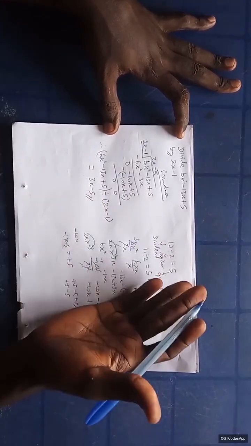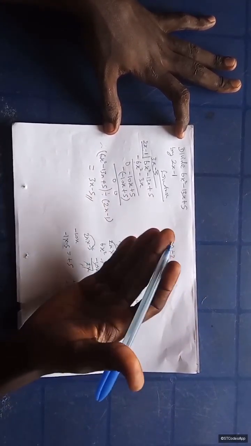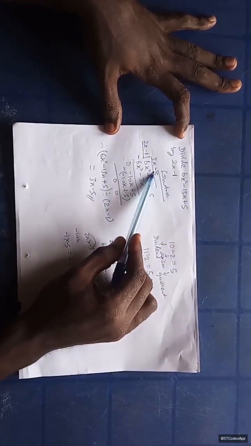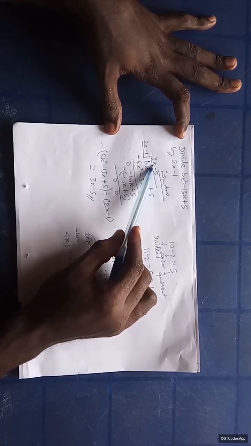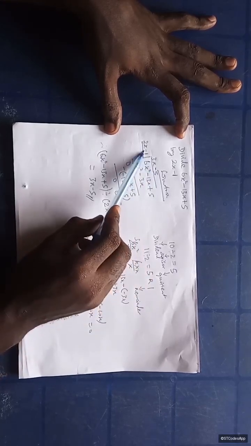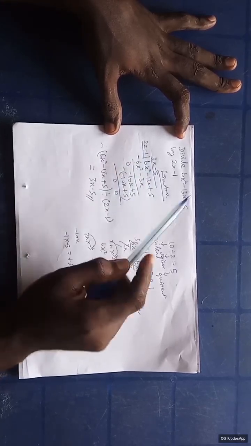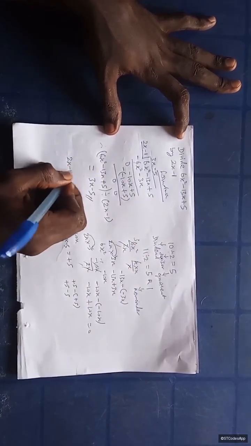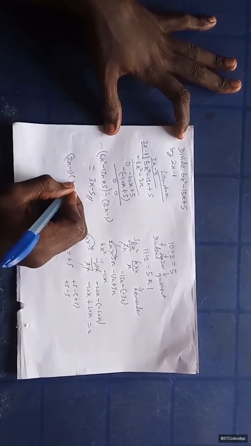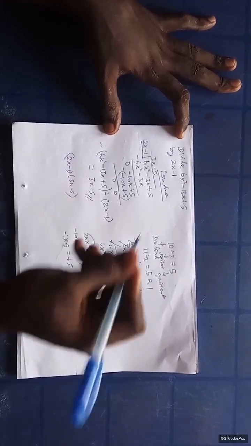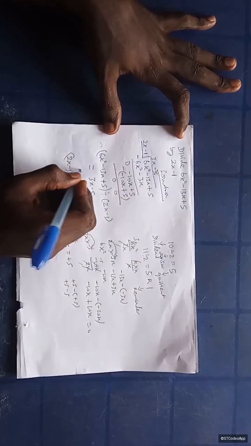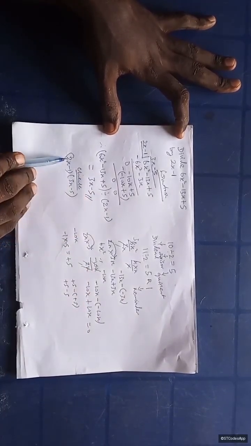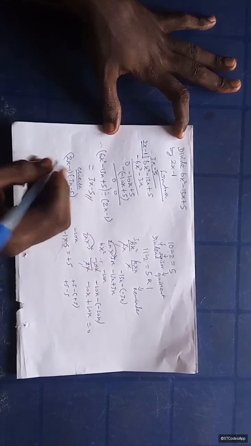If you want to test to see if what we solved is actually correct, you multiply the final result, which is this 3x minus 5, with the divisor, which is 2x minus 1, and you end up getting this. Let's check. 2x times 3x gives us 6.